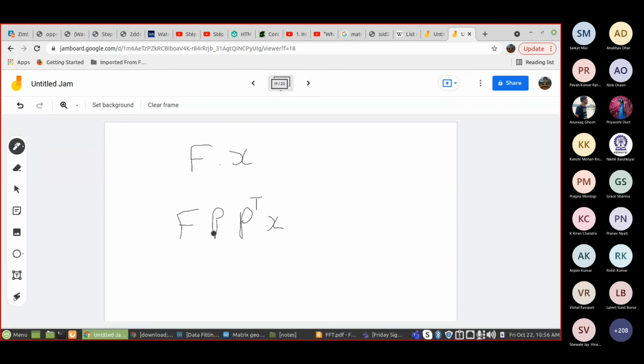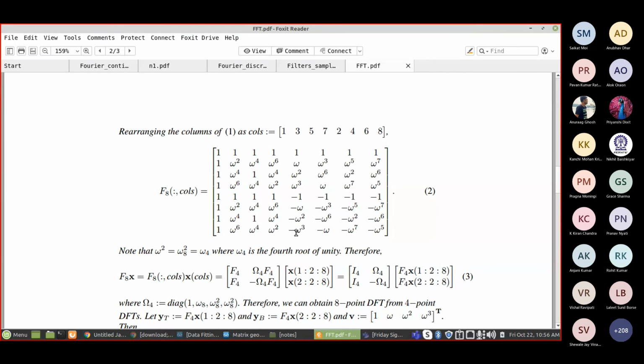P is a permutation matrix which, when multiplied from the right, permutes the columns of F, and P transpose, multiplying from the left, permutes the rows of X. Since P is a permutation matrix, P transpose is its inverse. So if we insert P transpose in here, that does not matter. There is another way to look at this, which maybe I'll explain later. I don't have time, but one is good enough for now. So that is what we are doing in here.